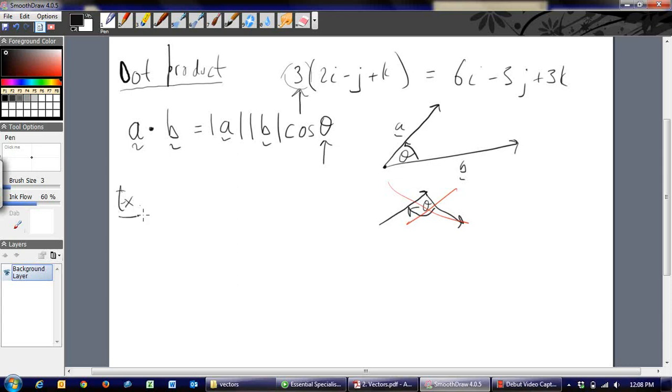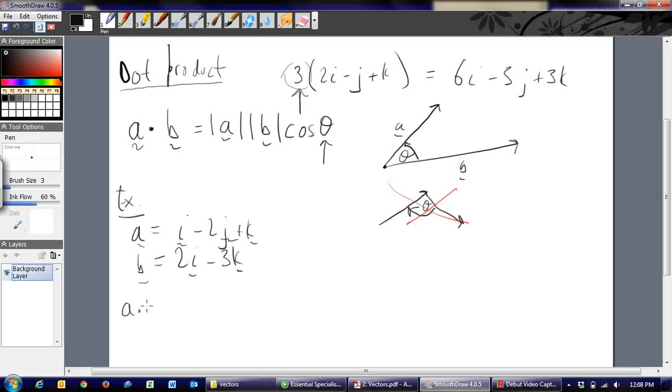Let's just do a quick example. Let's find the dot product of A equal to i minus 2j plus k, and B equal to 2i minus 3k. Don't forget your tildes, because I always do.